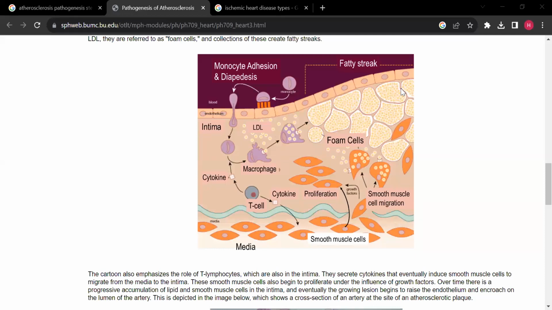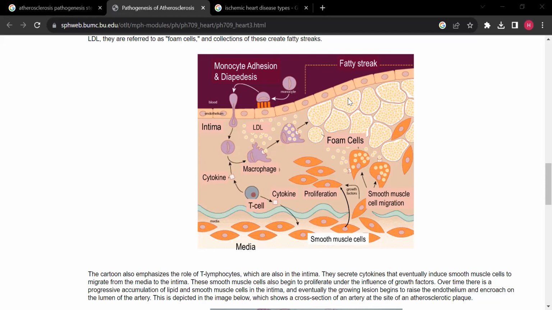Then what happens next is that the smooth muscle cells in the tunica media now migrate to the upper layer, which is the tunica intima.